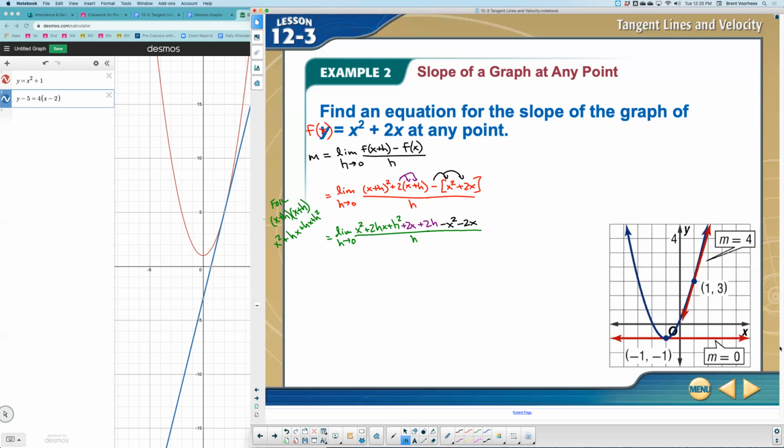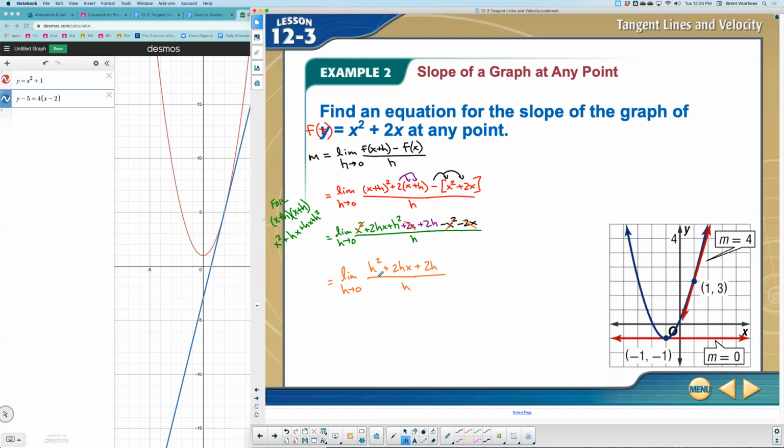So now if I go to simplify, I can say, okay, I see I have a positive x squared and a negative x squared. Those will simplify together. I have a positive 2x and a negative 2x. Those will simplify together. And so it seems to me that the limit as h approaches 0 would be h squared plus 2hx plus 2h, all divided by h.